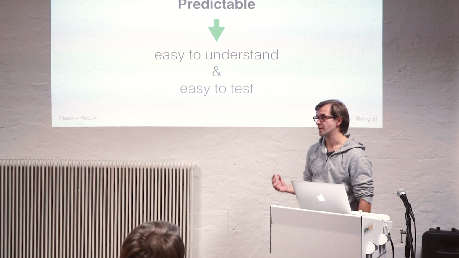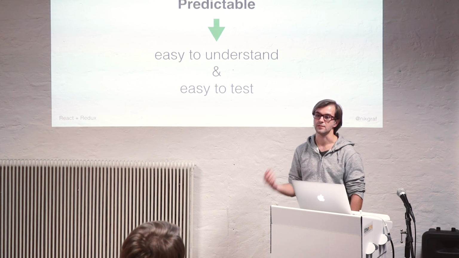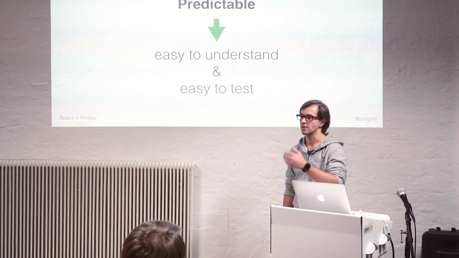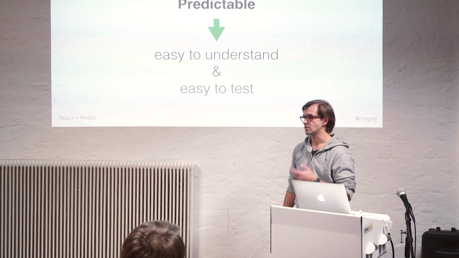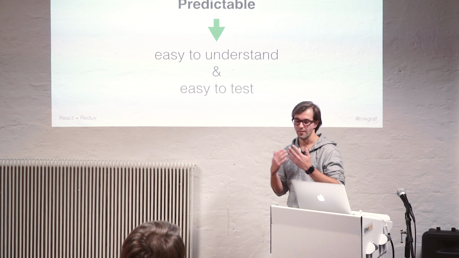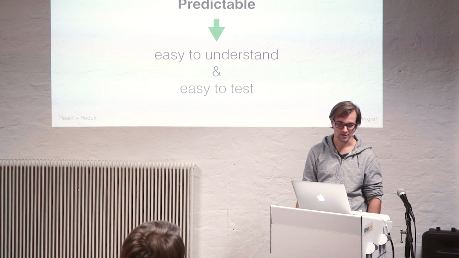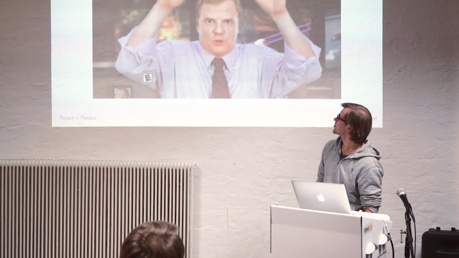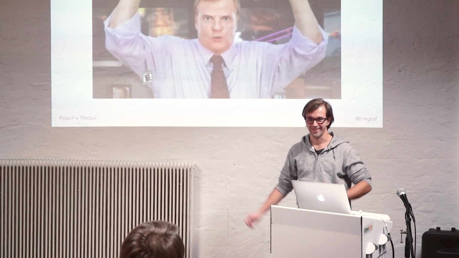And the beauty of it is also that it's really easy to test. Because if you know I can call a function and it always returns the same thing, then you just import it, write the test for it, and compare the result to the expectation, and that's pretty nice. So by this time, you should be completely mind blown.